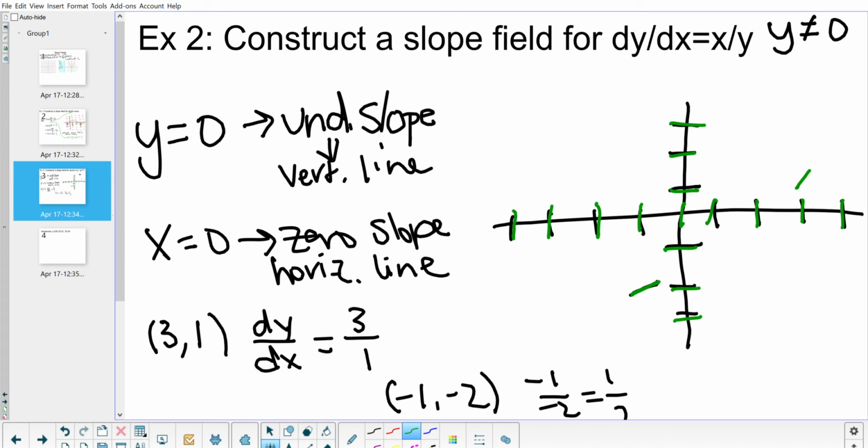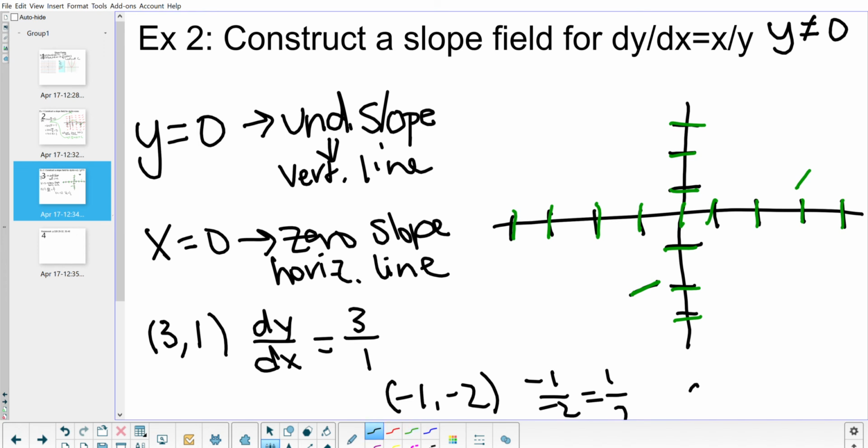Okay, so I'm still not getting a very good picture of this. So we're going to have to probably add a few more points before we really start knowing what's going on. But is there anywhere else that you can think of that would be interesting? That is going to be when x and y are the same.